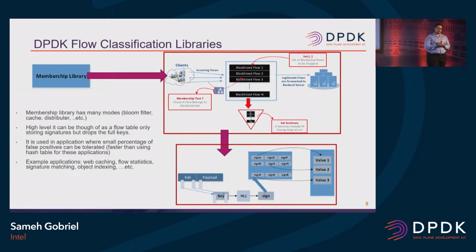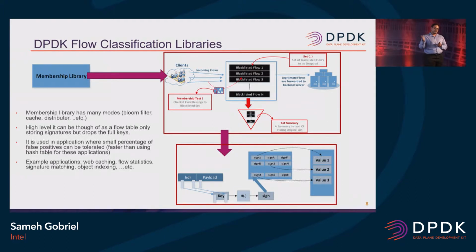And I know a lot of you are also very active in the OVS community. So in OVS, we submitted an experimental feature for the latest OVS. It's called Signature Match Cache, and it is basically using this idea.